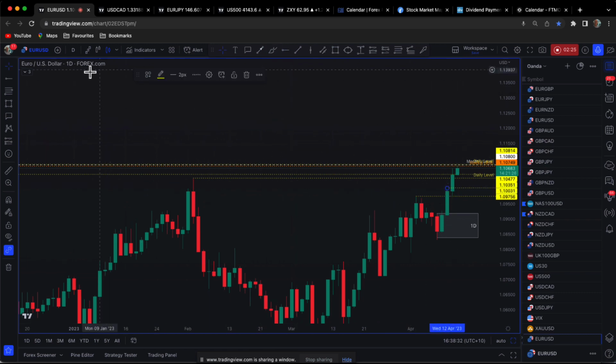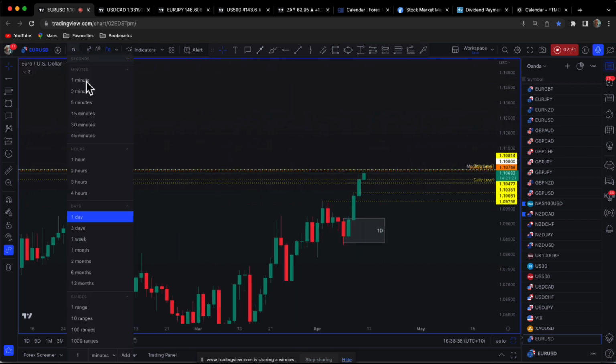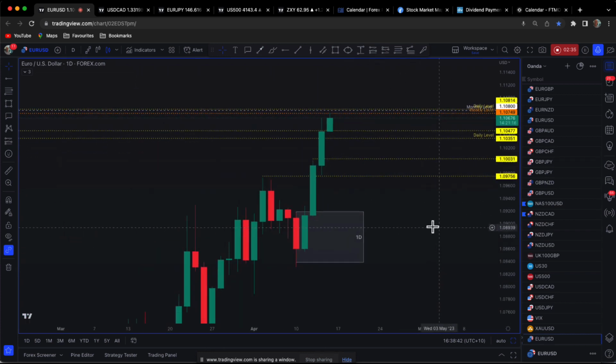Now let's go down to the 4 hour. I'm really looking for a day trade, maybe intraday. Before we do, just notice this candle here, we've got the high on the left, we've got the low on the current daily candle on the right.